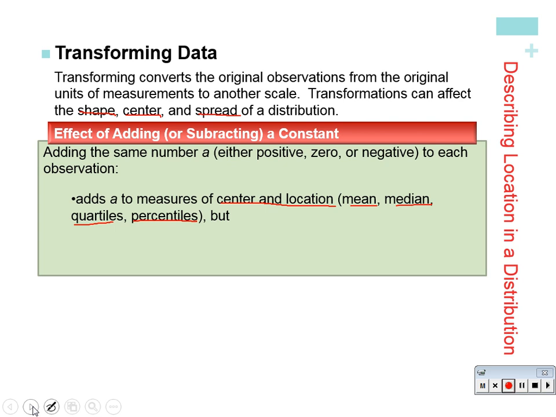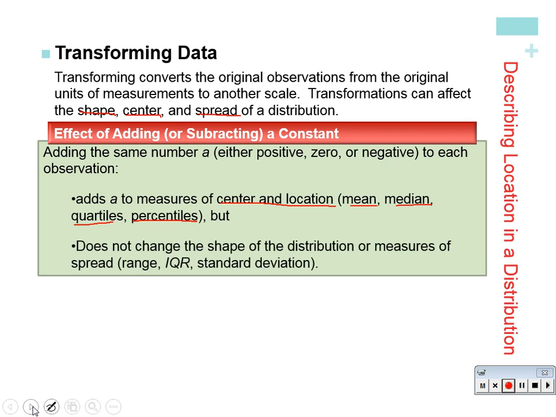So all of those values would change based upon whatever it is that you added or subtracted to all of the data values. In terms of what does not change, the shape of a distribution will not change when you add or subtract a constant to all of the data values in your set, and the measure of spread will not change either. Keep in mind that shape never changes regardless of whatever you do, whether you're adding or subtracting in this instance, or, as you'll see next, multiplying and dividing.